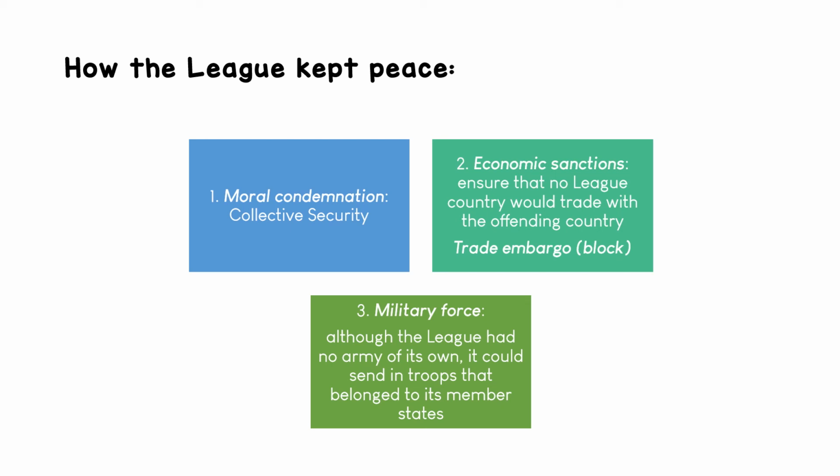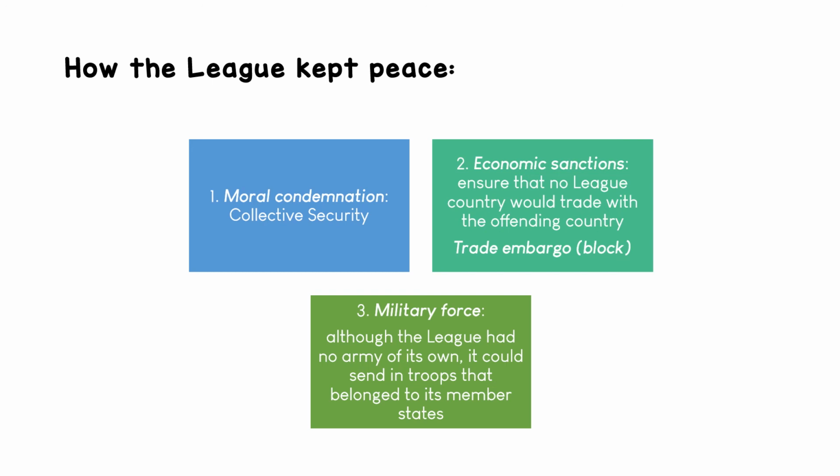In agreement with the principle of collective security, all the countries of the League of Nations would condemn this action and aggression by a country. And of course, they would also use public opinion against this country so that it would be embarrassed by its aggression and would retreat because of that.